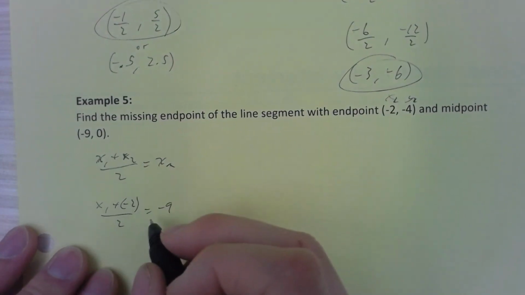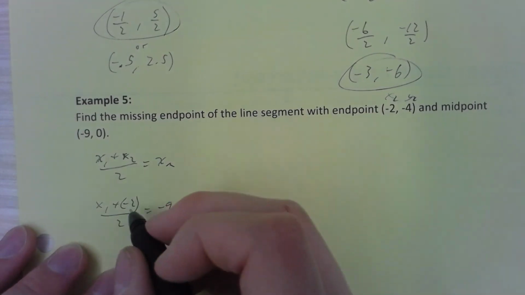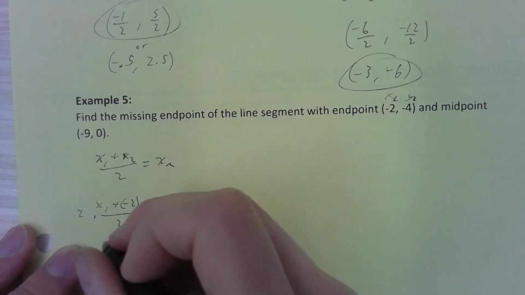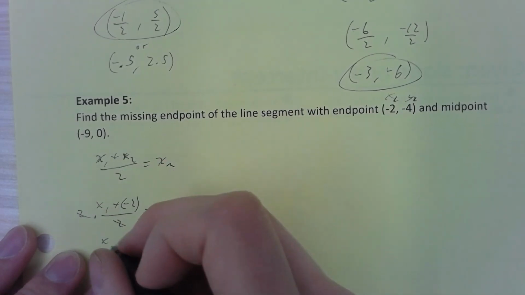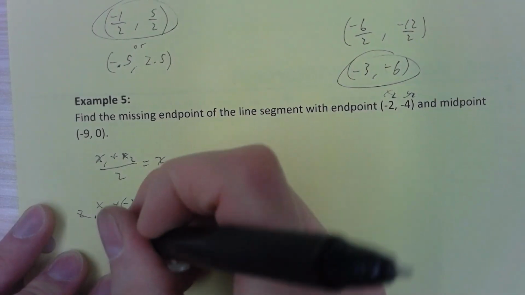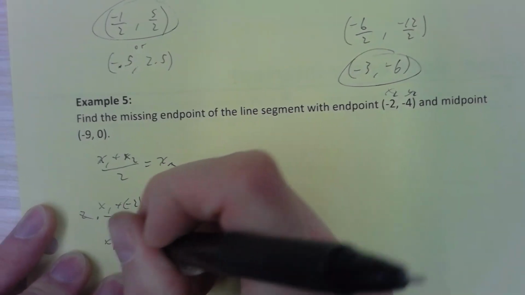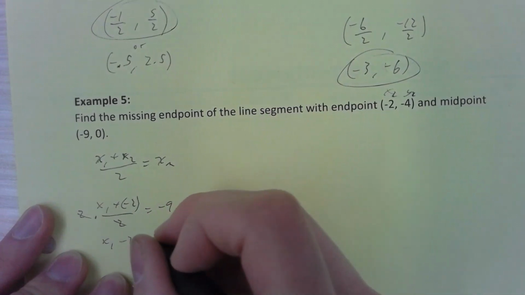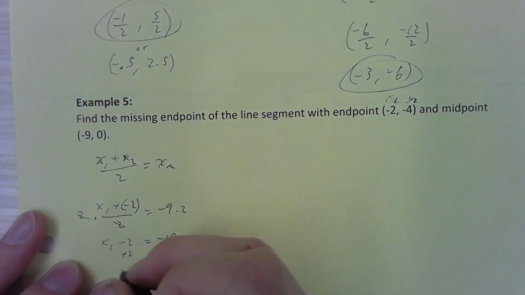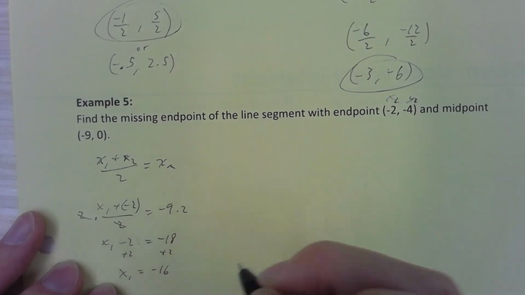To solve this, we can multiply both sides by 2. Then those cancel out, and x1 plus a negative 2, which is the same as just minus 2, equals negative 18. Then we can add 2, x1 equals negative 16.